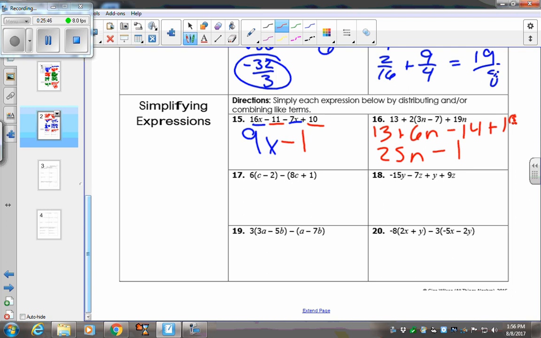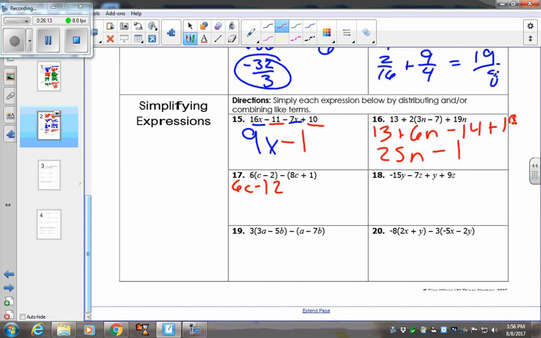What do I have to do right here? Distribute. 6 times c is 6c, minus 12. Because I have a negative in front of the parentheses, I have to distribute the negative. So I have to take that negative and multiply by everything in the parentheses.